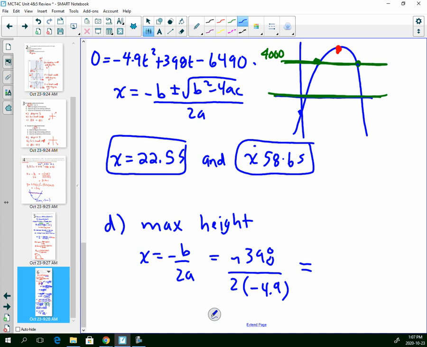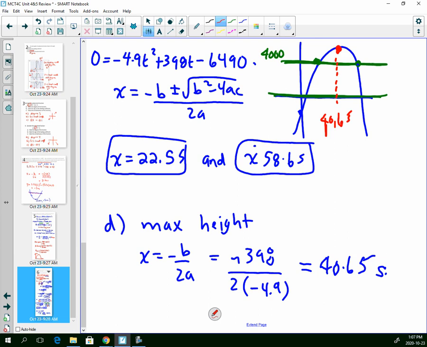And that works out to be 40.65. So at 40.65 seconds, that's when it hits the maximum height.